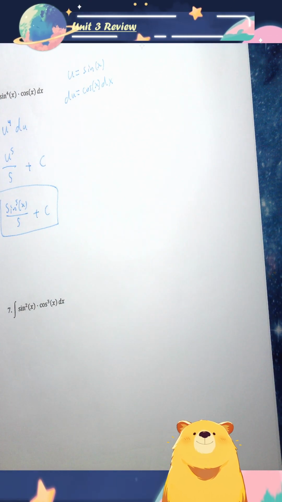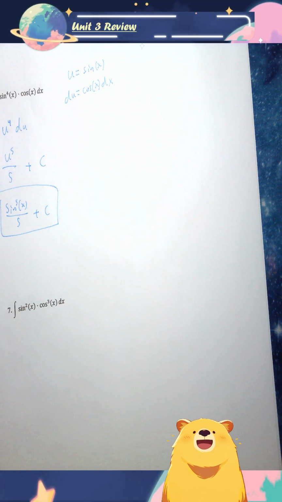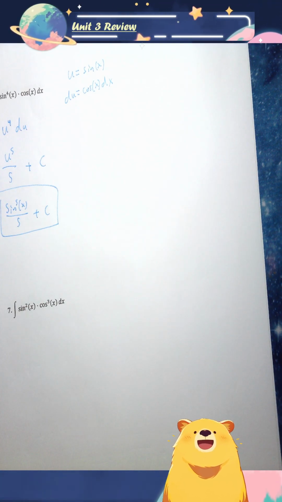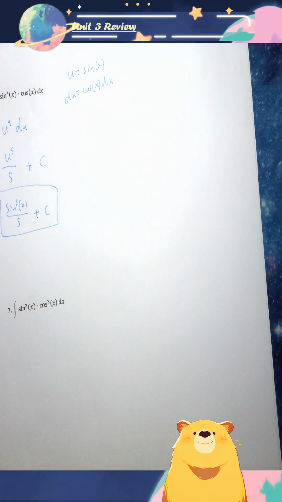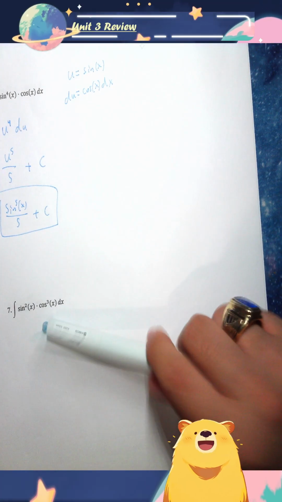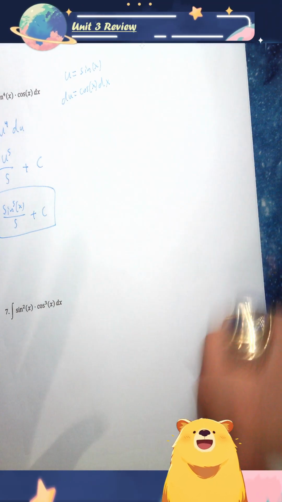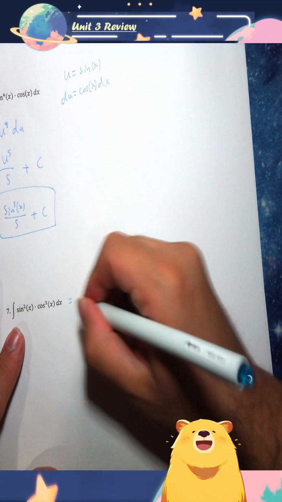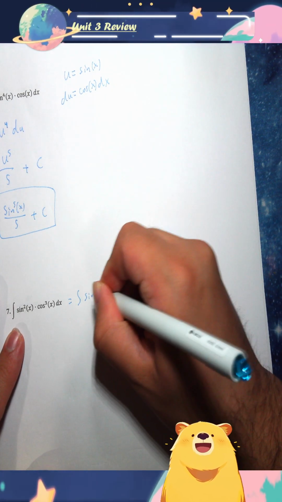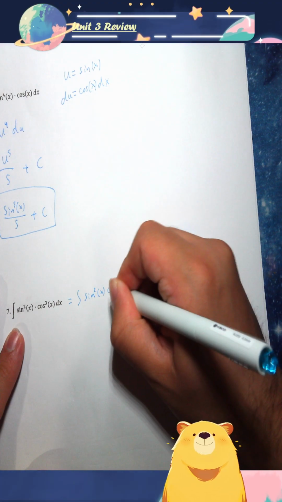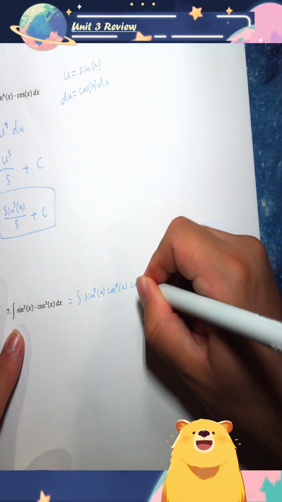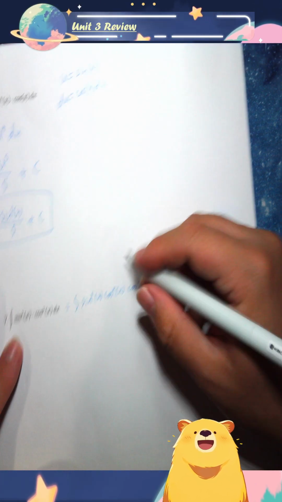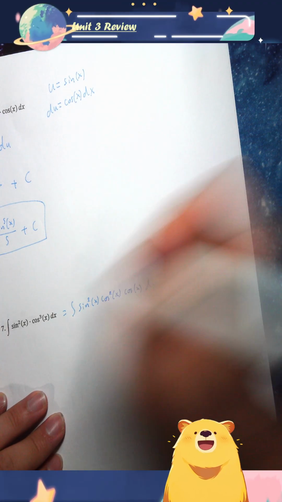All right. Last one. Here, I'm just double checking my answers. Okay. Here, now we have an issue where we do have to take out the remaining cosines. So sine squared of x, cosine squared of x, and then cosine of x dx.